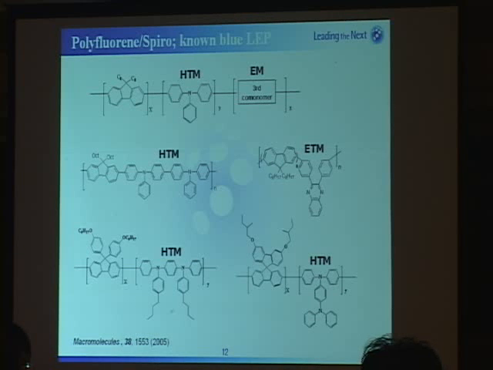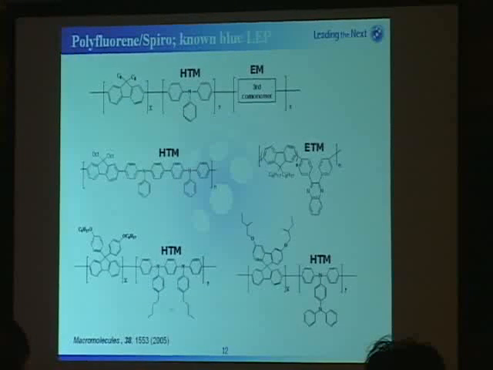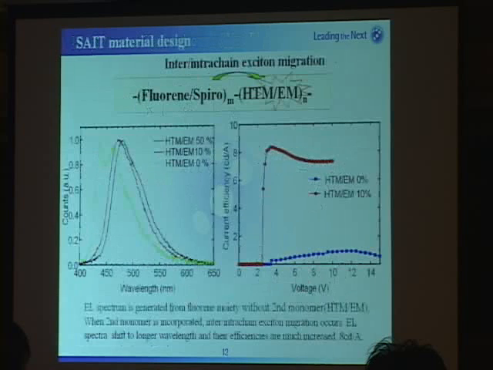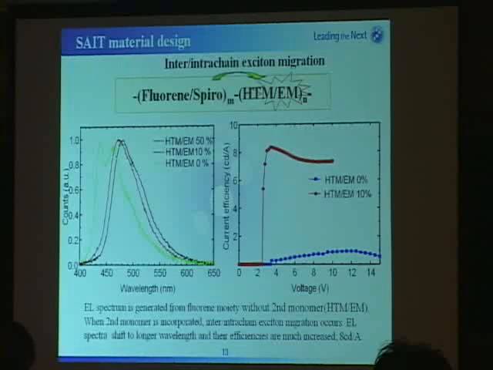And these fluorene and spiro units are co-polymerized with the hole transport moiety, electron transport moiety, and emitting moieties as shown in these pictures. Next. We have also developed our own fluorene and spiro-based polymers co-polymerized with hole transport and emitting moieties.